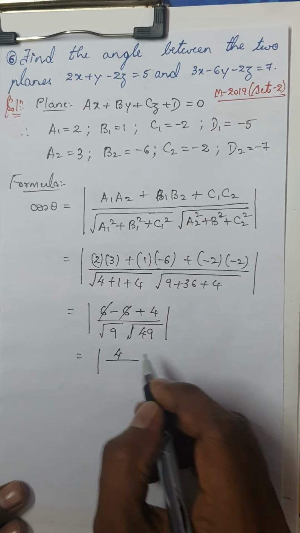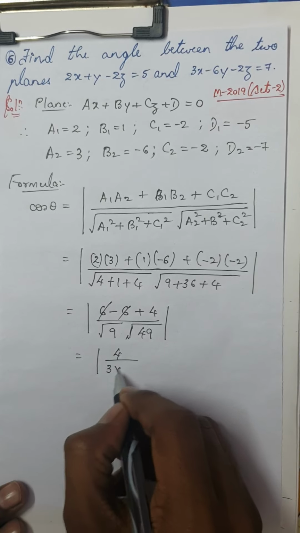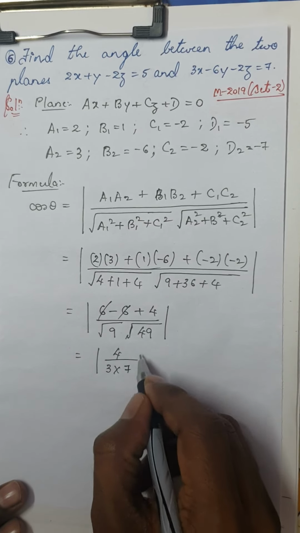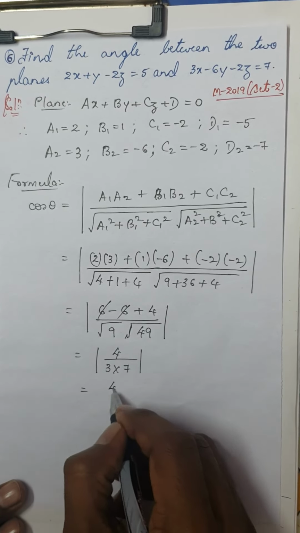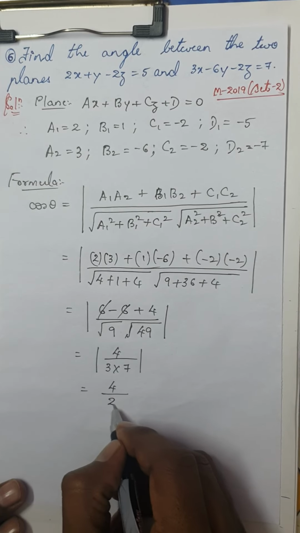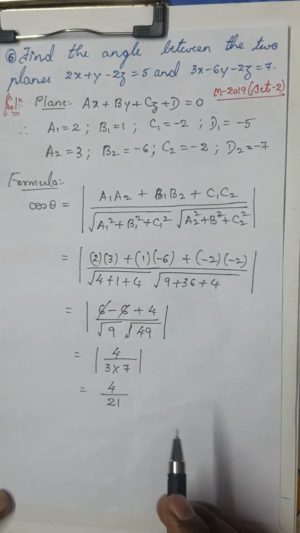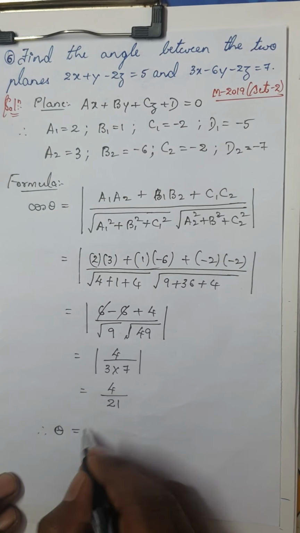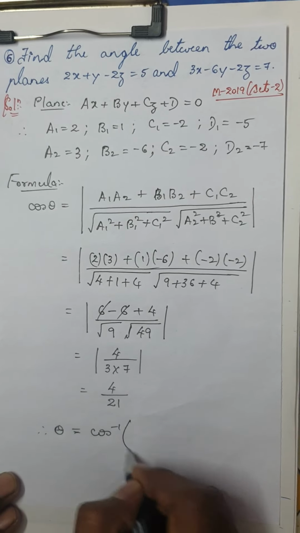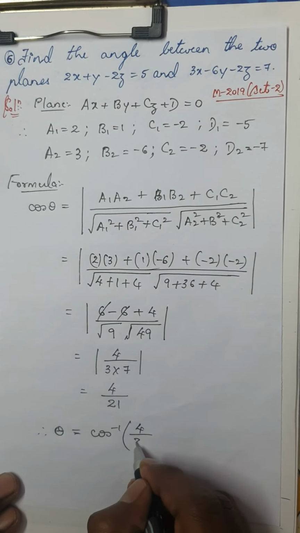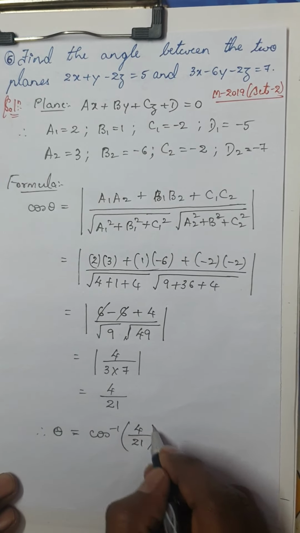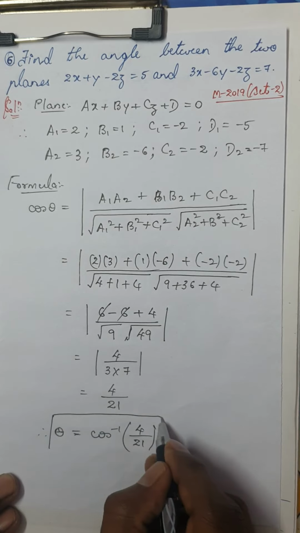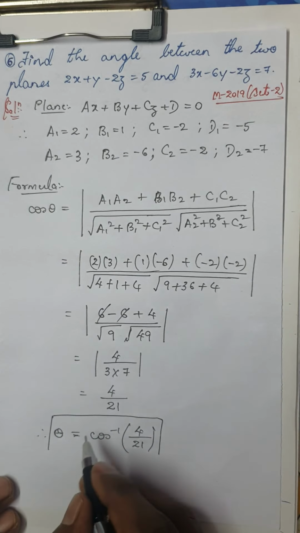You will get 4 divided by root 9 is 3 into root 49 is 7. So this is nothing but 4 divided by 7 3s are 21. Is it clear? Therefore, the angle between the two planes is theta is equal to cos inverse of 4 divided by 21. So this would be my required answer.